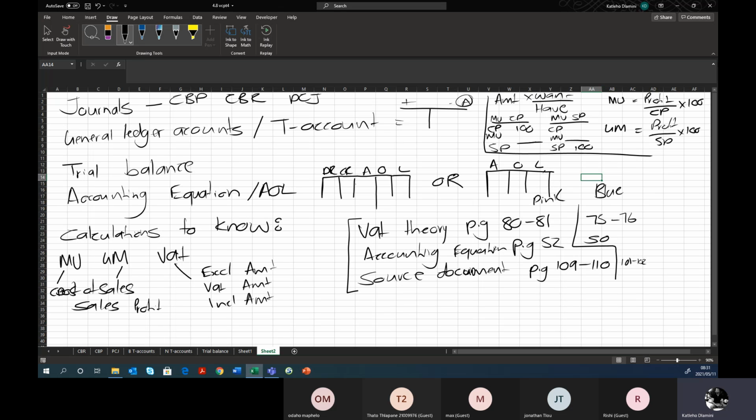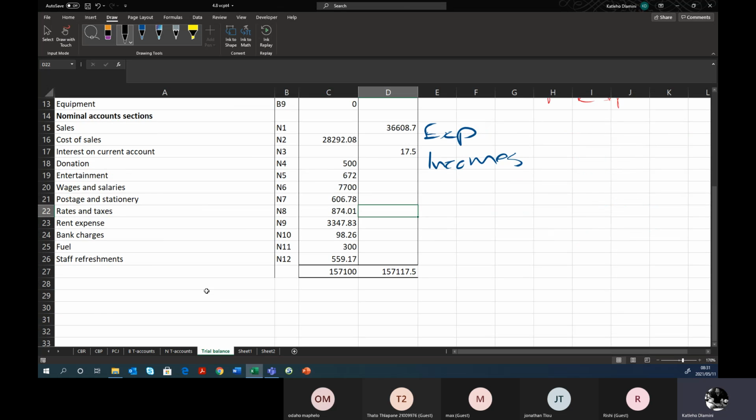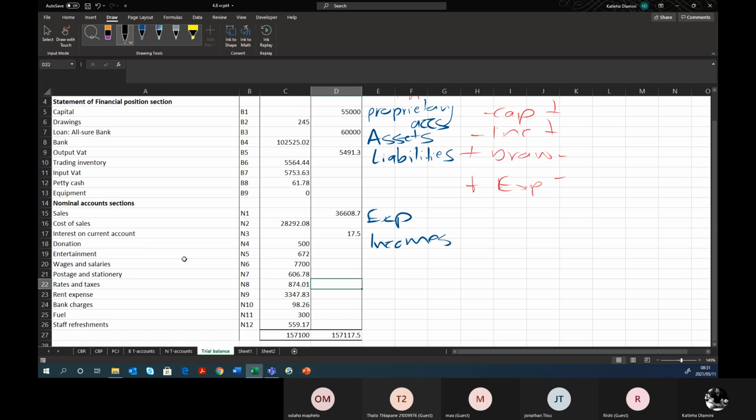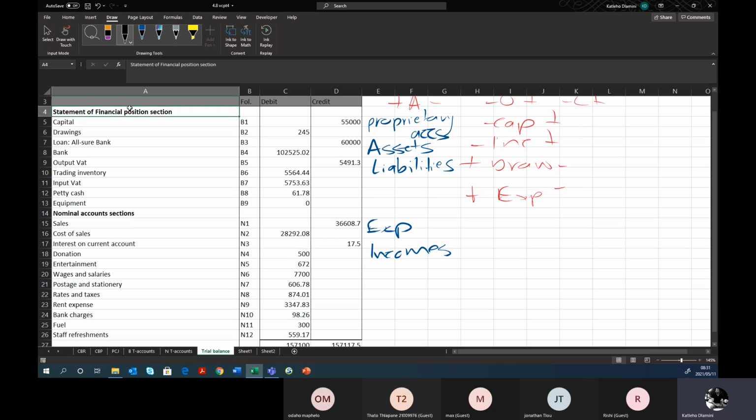From the trial balance, and I'm going to show you the trial balance now, I'm going to unzoom a bit so you can see the whole trial balance. That's the whole trial balance.